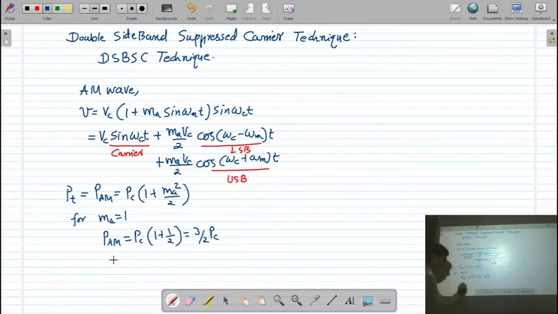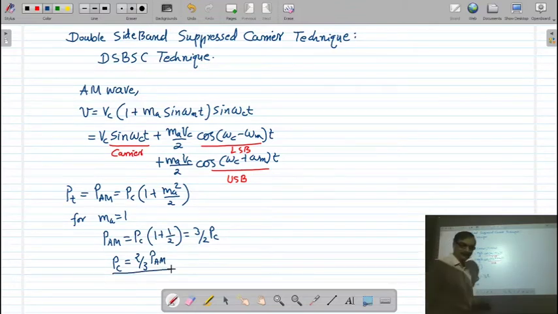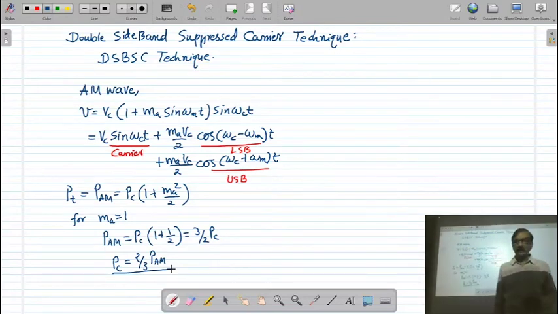Or we can say the carrier power is 2 by 3rd of the total power. Now remember, this is very important: when the modulation index is 1, the carrier power is 2/3 of the total power.